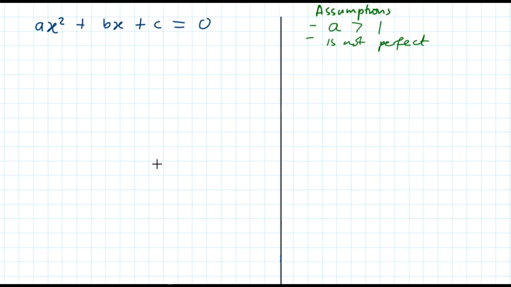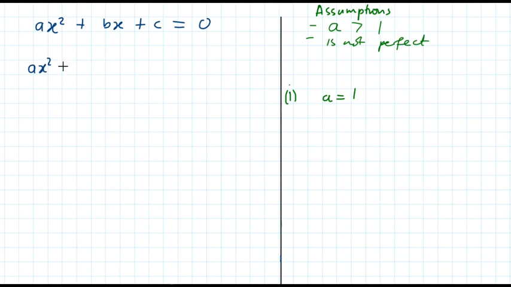I'll also hold the assumptions that a, which is the coefficient of x squared, is greater than 1, and also that this quadratic expression is not a perfect square. So the first step is to make sure that a is 1, which is the coefficient of x squared. If the coefficient is not 1, we have to divide throughout all terms until the coefficient of x squared is 1.